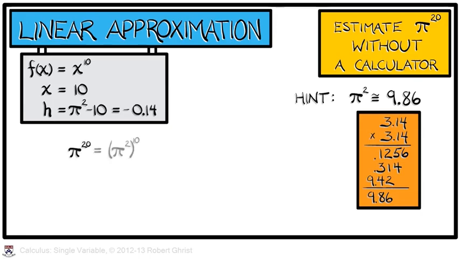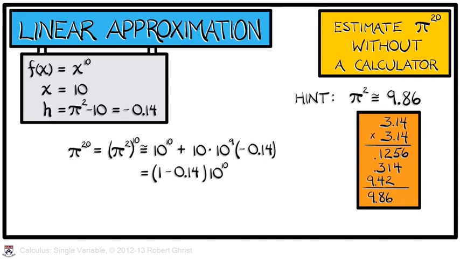All right, so in that case, pi to the 20th, which is pi squared to the 10th, is approximately 10 to the 10th plus the derivative of x to the 10th, that's 10 times x to the 9th, evaluated at x equals 10, times h, negative 0.14.